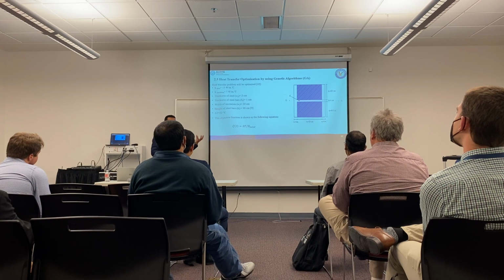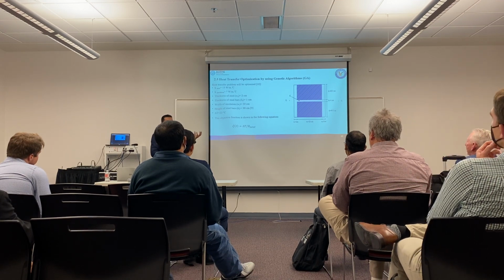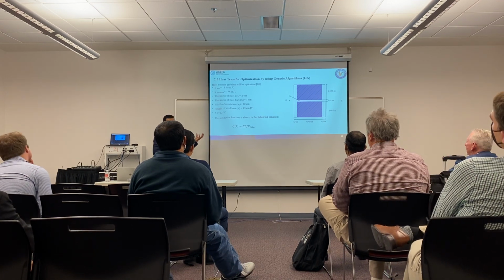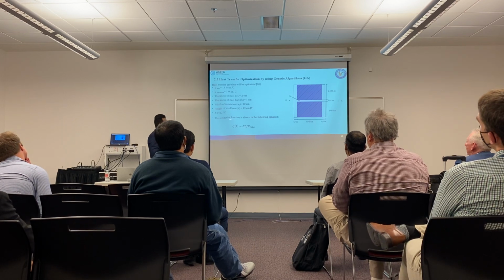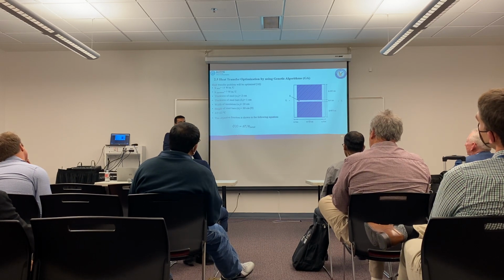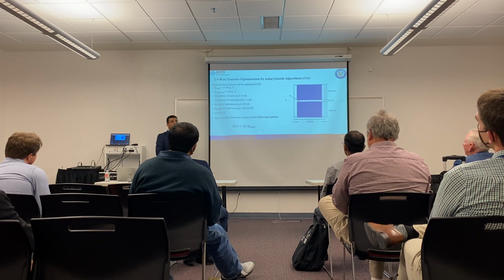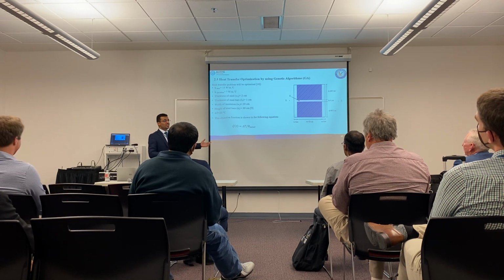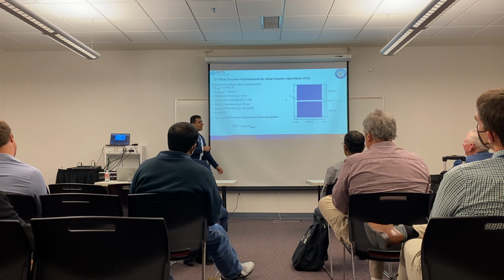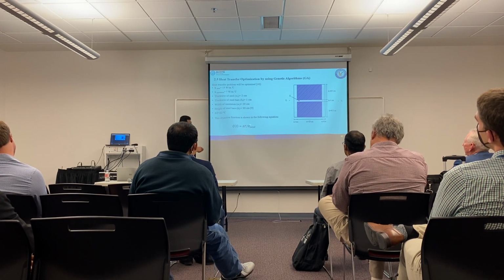So the idea of this work is to minimize the objective function. This is the objective function, from the equation Q equals delta T divided by R total. How can we minimize that? By maximizing R total, the thermal resistance. How could we get this?